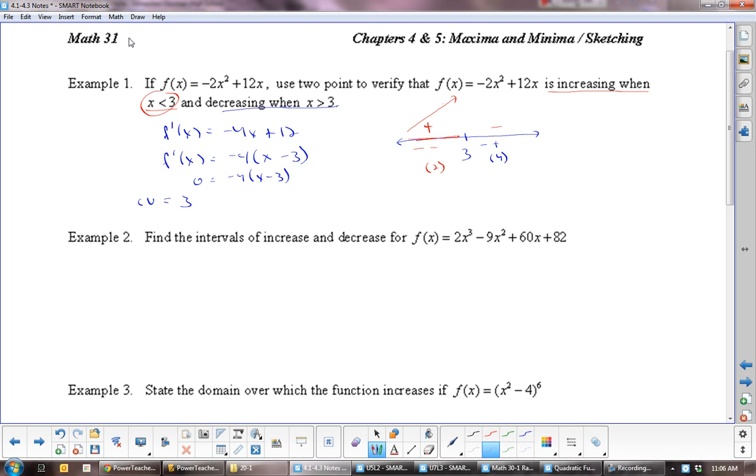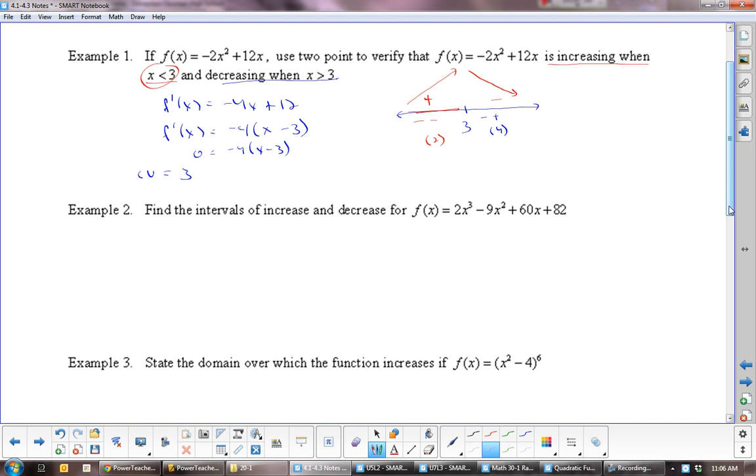Okay, so you can see that it is decreasing when x is greater than 3. Okay, so this is the routine that you're always going to go through. Take the derivative, factor it, find out the critical values, do a number line, find out when it's increasing and when it's decreasing. So this, I would say that there is a max or a min at 3.